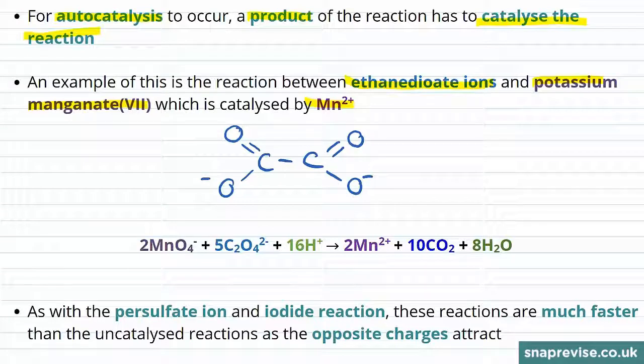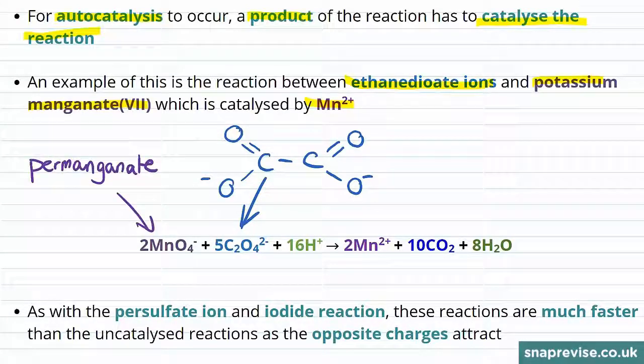So if we look at the equation, we have our ethanedioate ions reacting with our permanganate. Remember that permanganate is another name for manganate(VII) ions. This all takes place in acidic conditions, and it produces Mn2+ ions, which then catalyze the reaction.